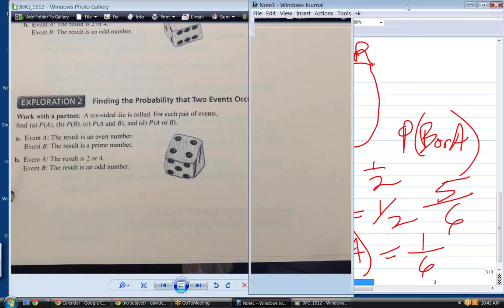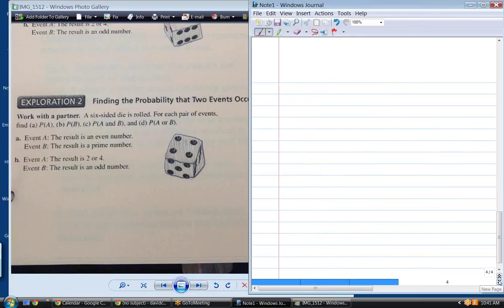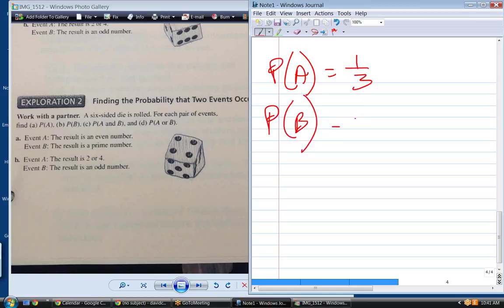Okay, let's do the same thing with number B. Result is 2 or 4 for A, so probability of A is what? 2 or 4, so that's 2 out of 6. Probability of B? B is 3 out of 6.